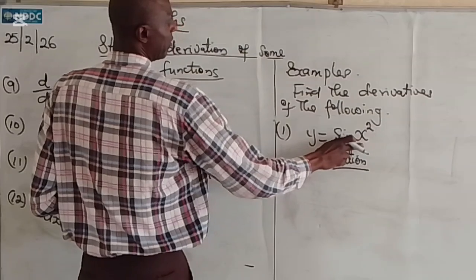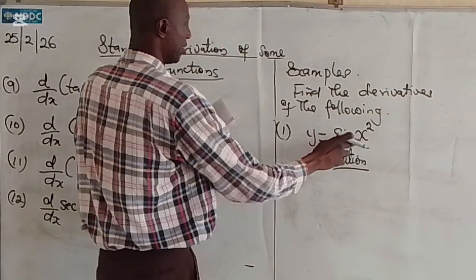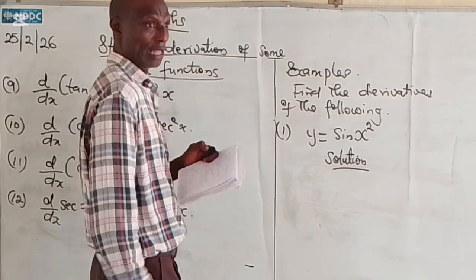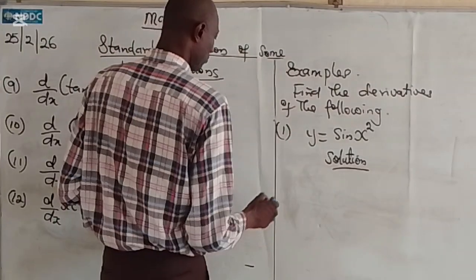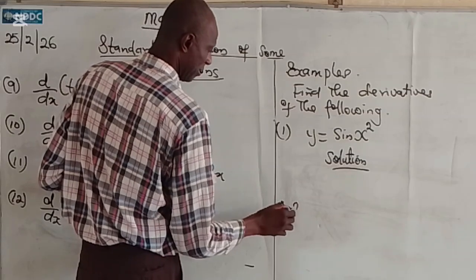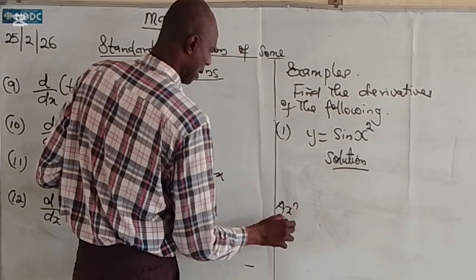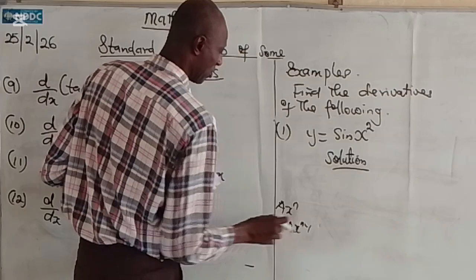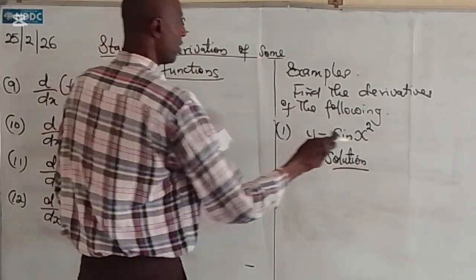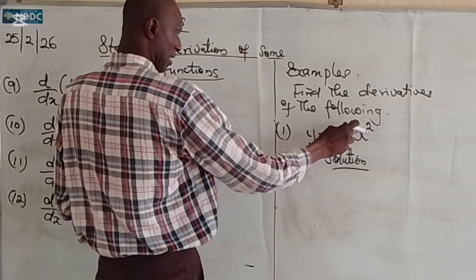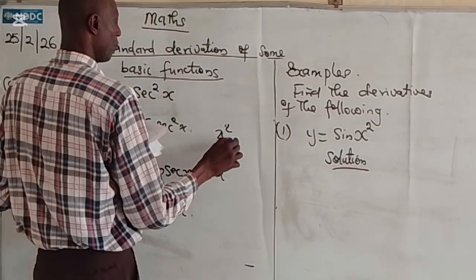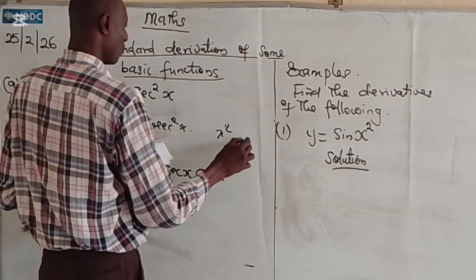Now, let us differentiate this with respect to first principle. What is the formula? x raised to the power n, it is n x to the power n minus 1. That's one of the formulas there. So when you differentiate, the power will come down: x raised to the power of 2 is 2x raised to the power 2 minus 1.